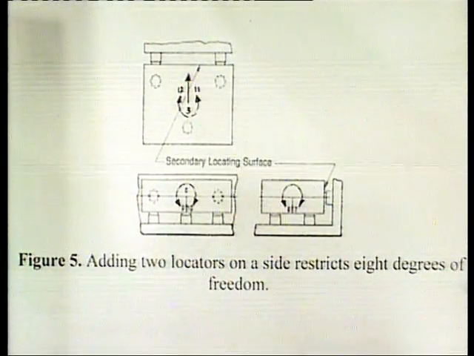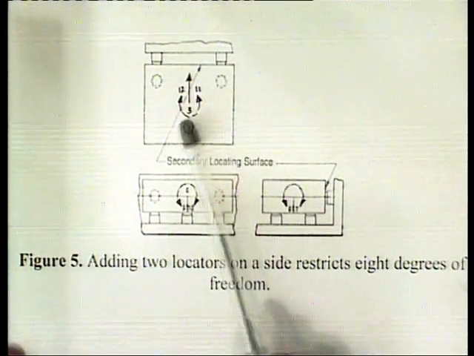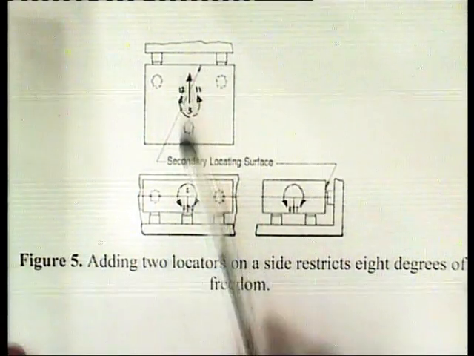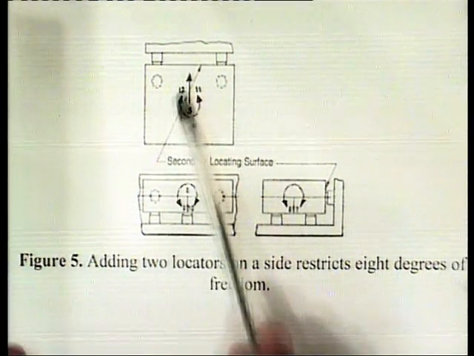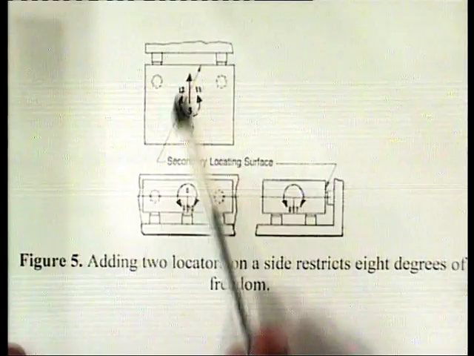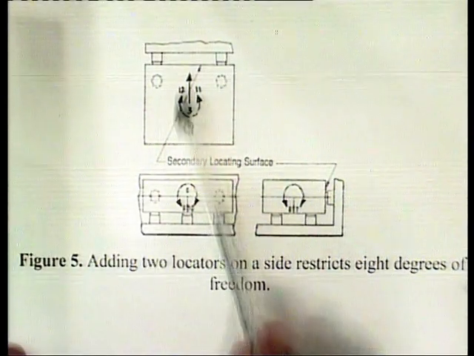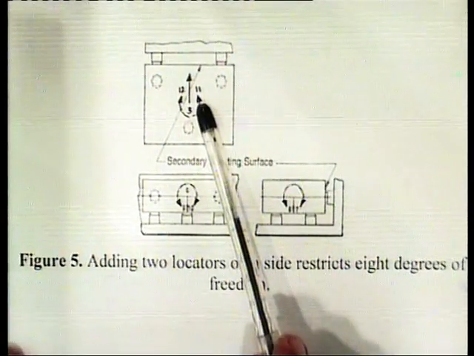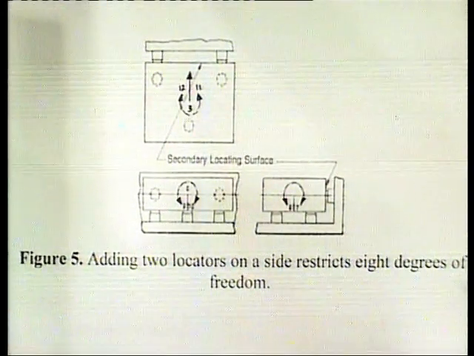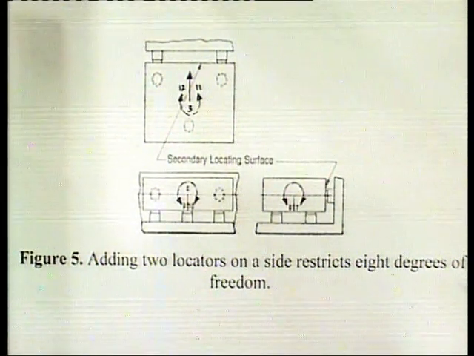Here in this figure we can see that this is the plus y direction and this is the clockwise and counterclockwise direction about the z axis. So, an additional 3 degrees of freedom, and a total of 8 degrees of freedom are restricted with this arrangement.